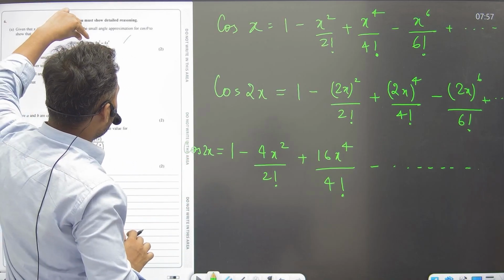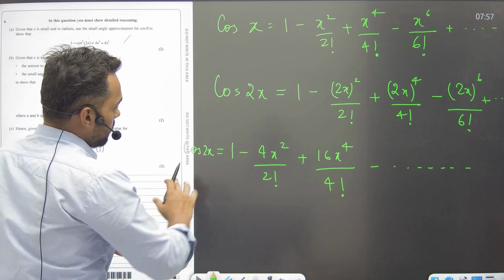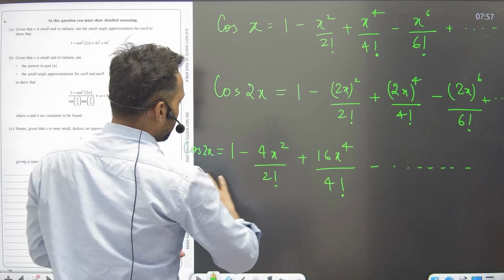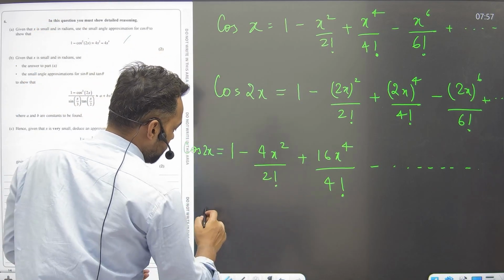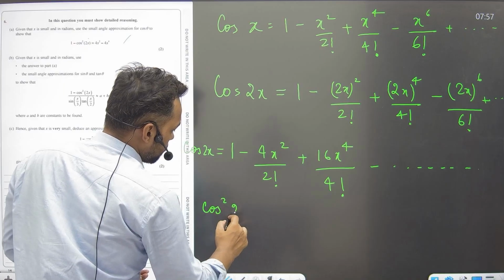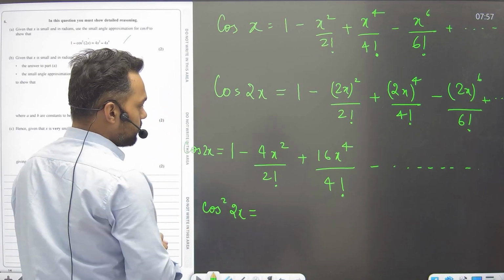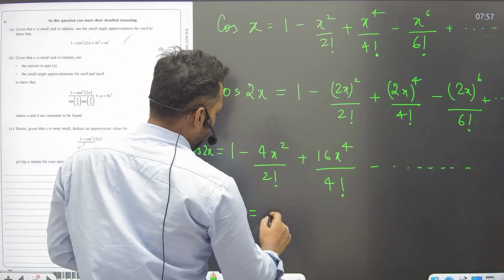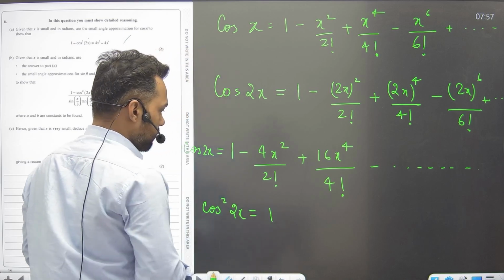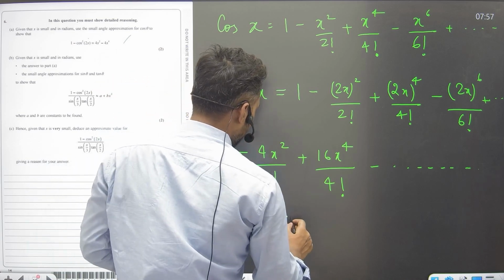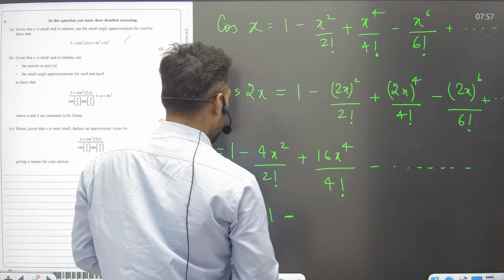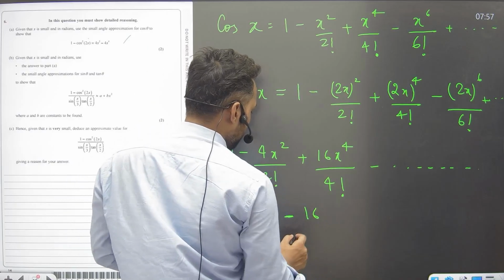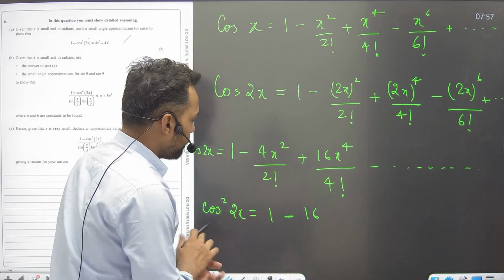Now in the question it was cos square 2x. So if I square this particular expansion, you will get cos square of 2x equal to 1 minus, we are doing the square of this particular expansion, student.